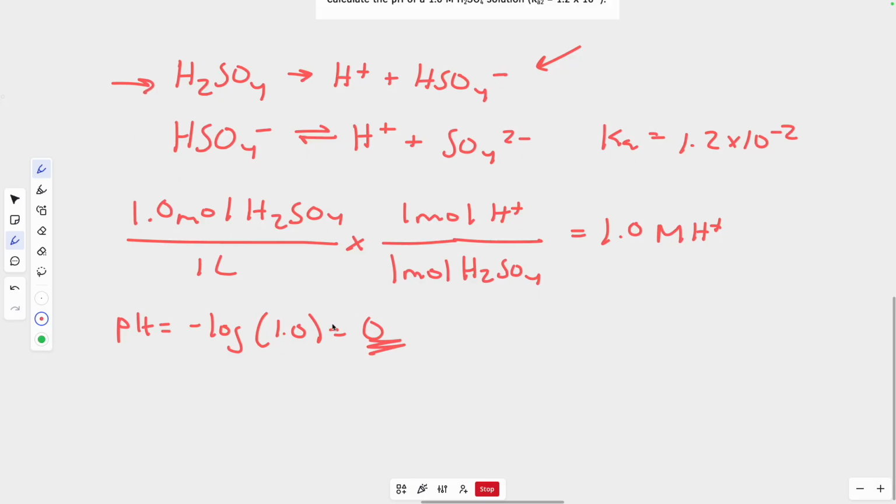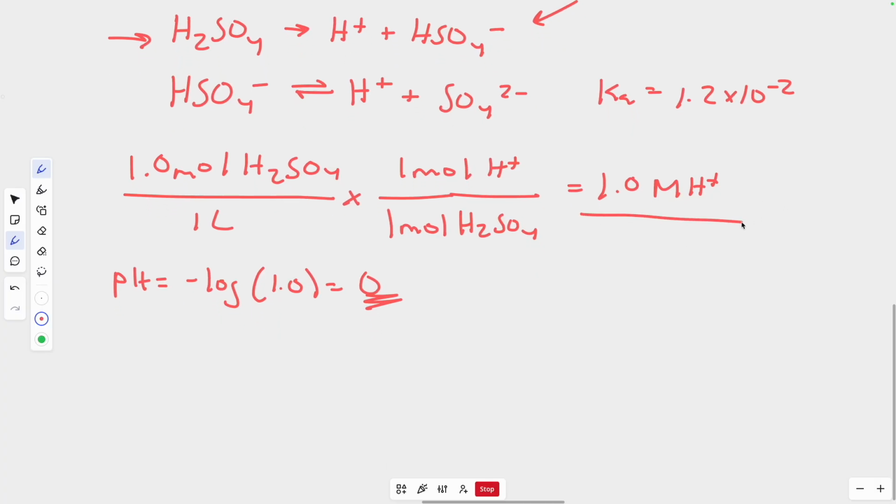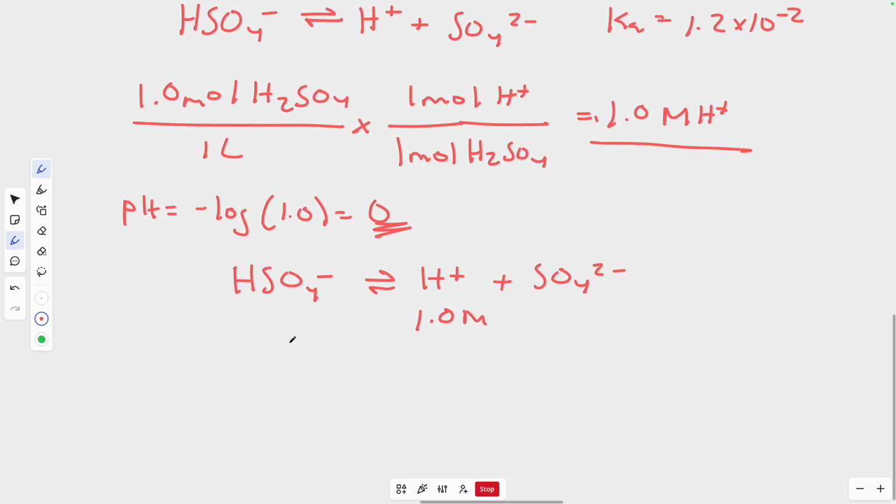So now if you add the second reaction to it, it's not going to produce a significant amount, and I'll show you why. We have this H plus concentration that we know is going to be there, at least, because this will go to completion. We know we have at least 1 molar H plus within the solution. So if you were to write out the ice table for the second reaction, we know the initial H plus concentration has to be 1 molar because that's what we have before this equilibrium reaction.